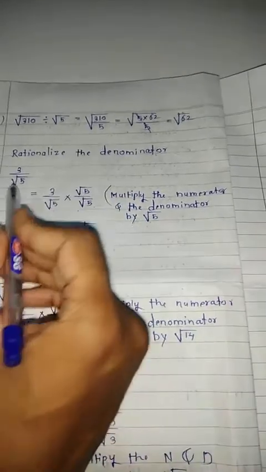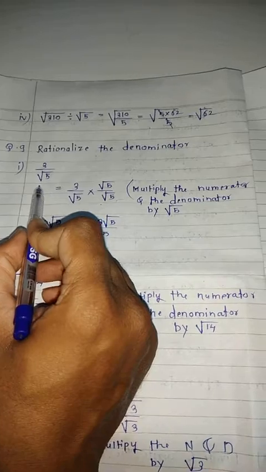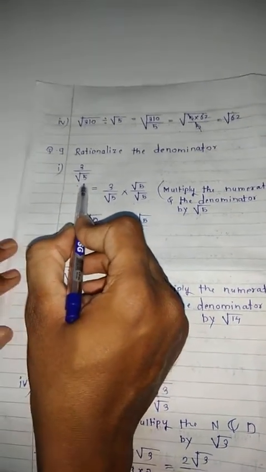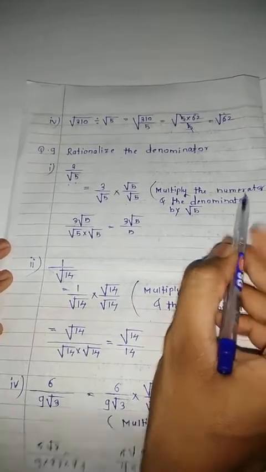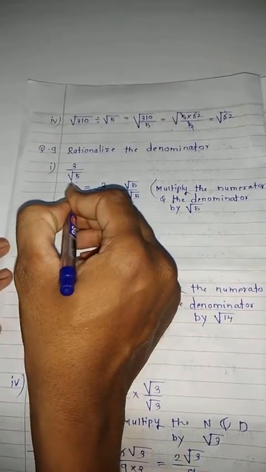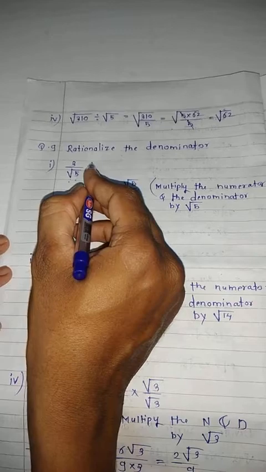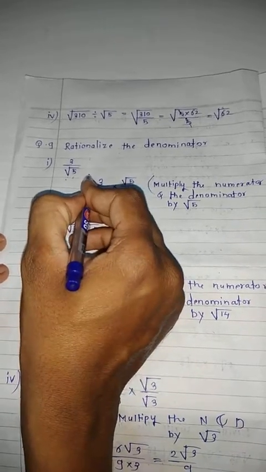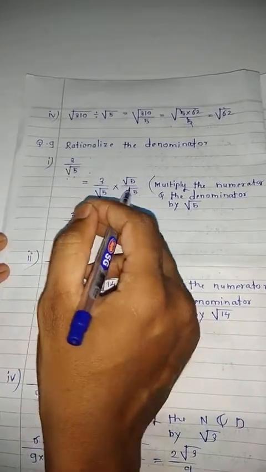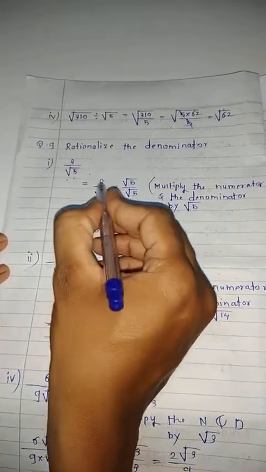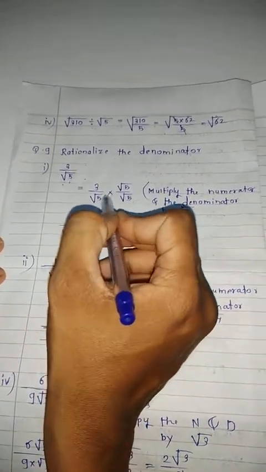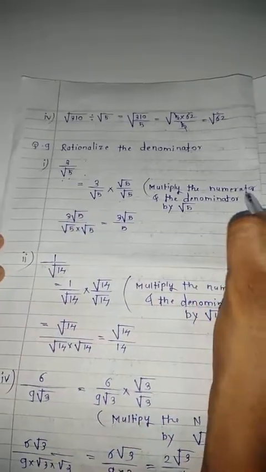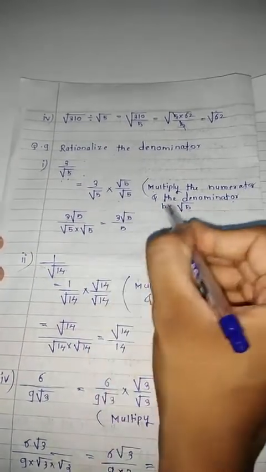The denominator is root 5, which means we have to multiply the numerator and the denominator by it. This process is called rationalization. So the question is 3 upon root 5, and we multiply the numerator and the denominator by root 5.